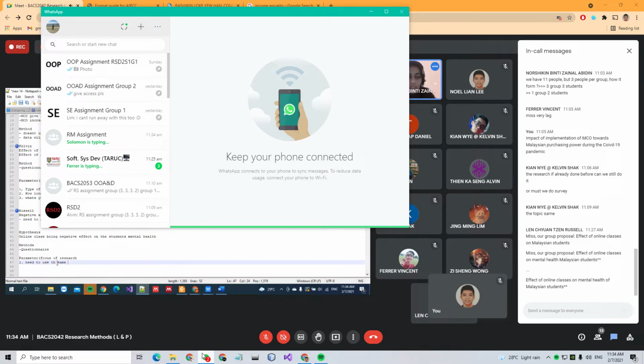No, but you need to use the same number of students for each university or college. I think five should be okay. Minimum five, because if the number is smaller than five, then you won't get enough data.